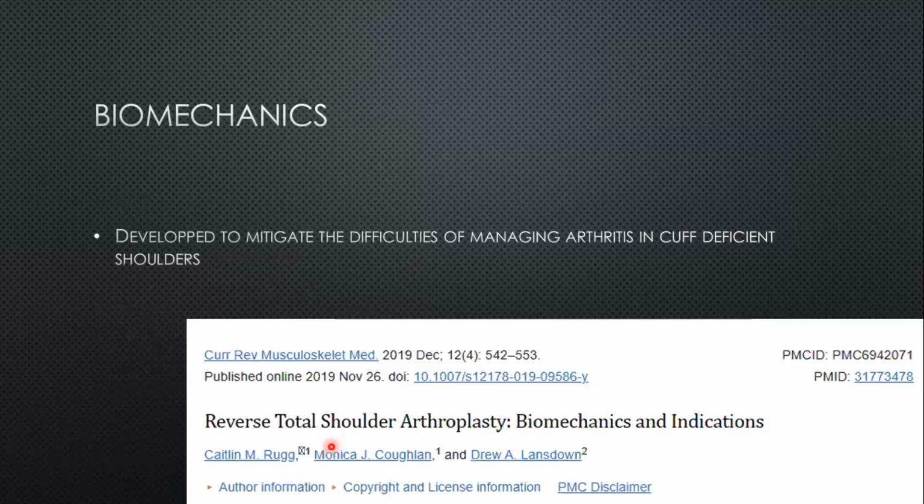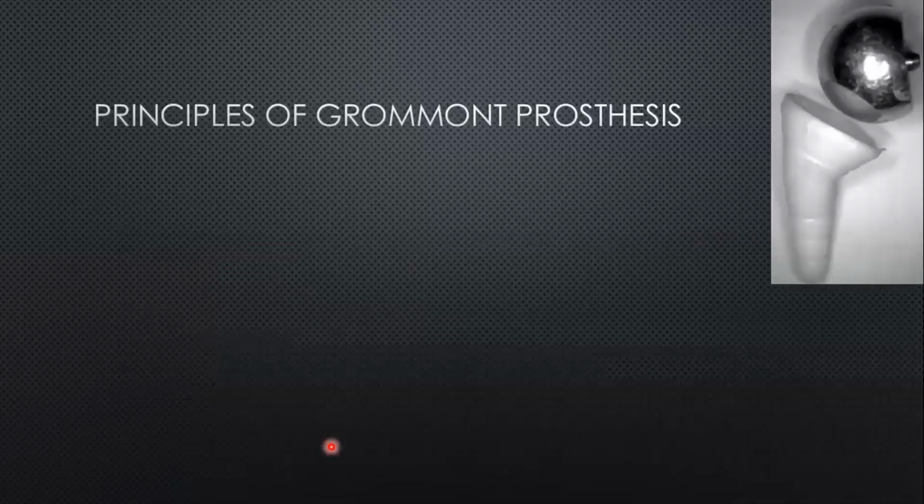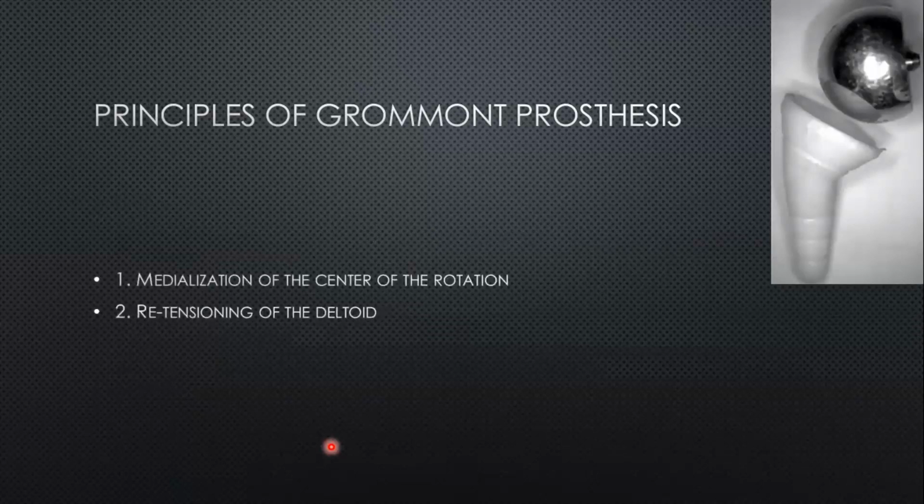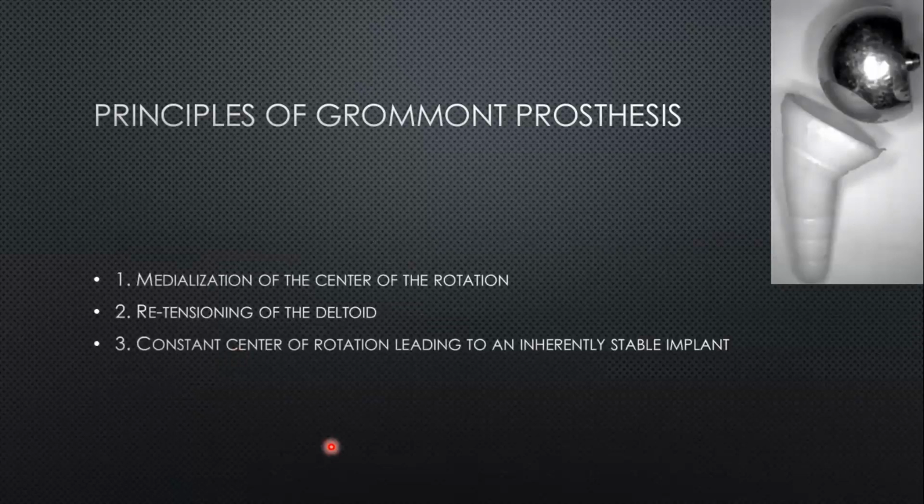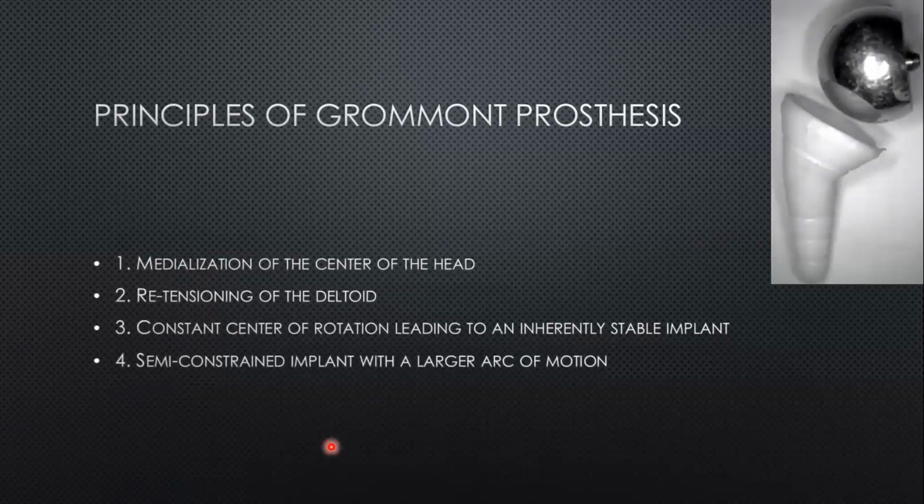So coming to the biomechanics, like I said, it was developed to mitigate the difficulties of managing arthritis and cuff deficient shoulders. Initially, it was in a monoblock design, which got modified into this, and it plays on the medialization of the center of rotation and the retensioning of the deltoid with constant centers of rotation leading to a stable implant.